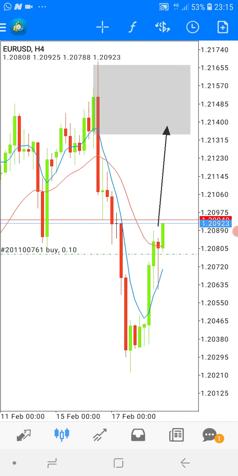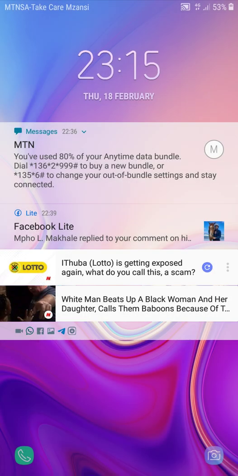But again, I'll wait for what? For my 4 rules to happen, which is price getting to a zone. 2, I'll wait for the impulse move, which is a strong move breaking previous structure. Then I wait for the MA cross, and then lastly I wait for a zone to form, and then I'll test that zone formed by the impulse move that took out the price structure.